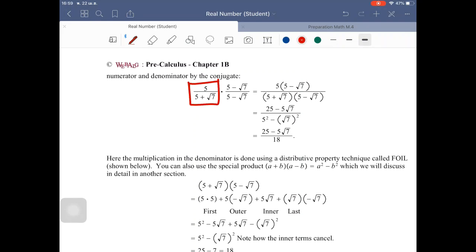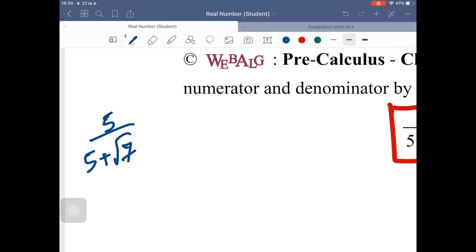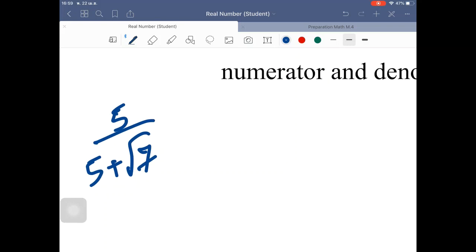We normally know this method as conjugate. Conjugate, you have studied this in Mathayom 3, conjugate. Okay. 5 over 5 plus square root 7 here. How can we rationalize the denominator?